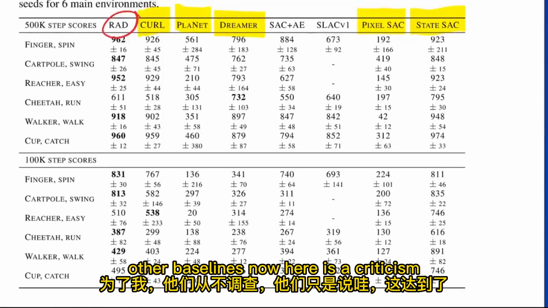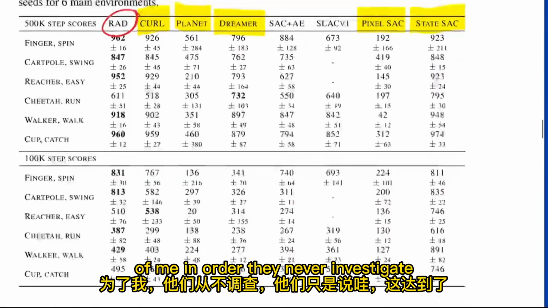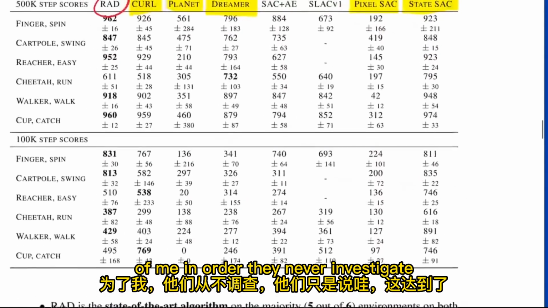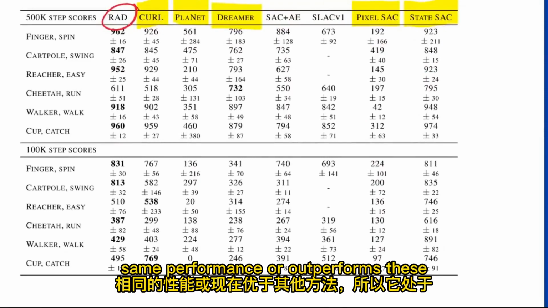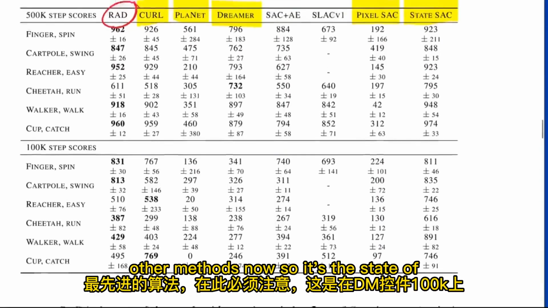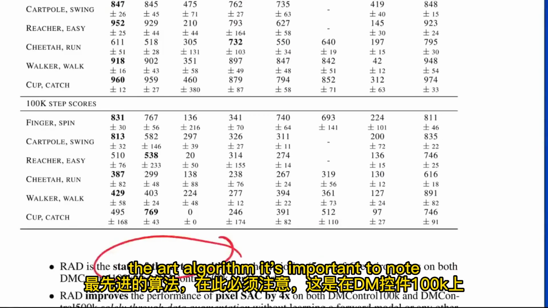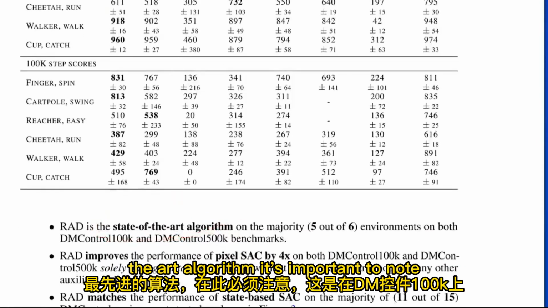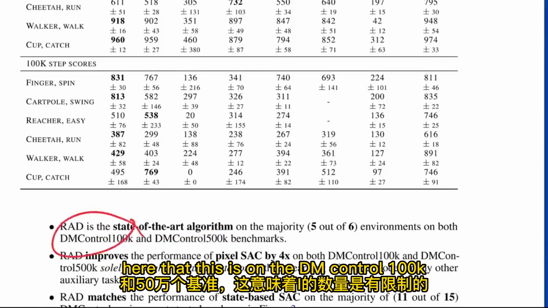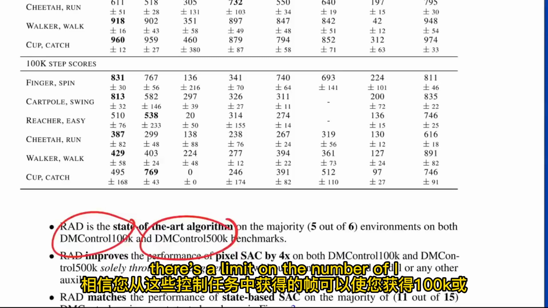Now, here is a criticism of mine. They never investigate, they simply say, wow, this reaches the same performance or outperforms these other methods. Now, so it's the state-of-the-art algorithm. It's important to note here that this is on the DM Control 100K and 500K benchmarks, which means that there's a limit on the number of, I believe, frames from these control tasks that you get.